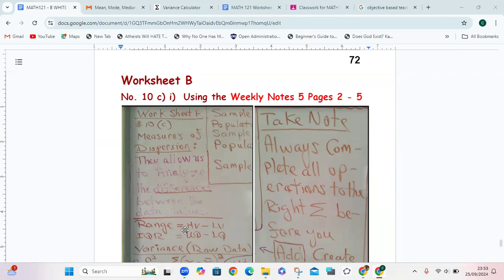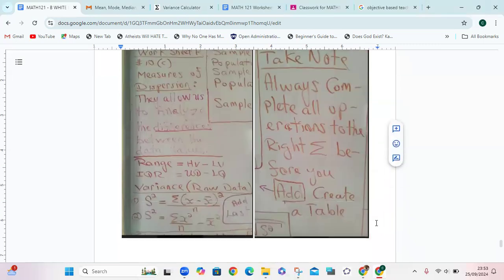You've got the range, which will give you the difference between the highest and the lowest, the interquartile range, the difference between the upper quartile and the lower quartile. And you've got the variance, and there are two formulas for variance, method 1 and method 2. And standard deviation is the square root of the variance.